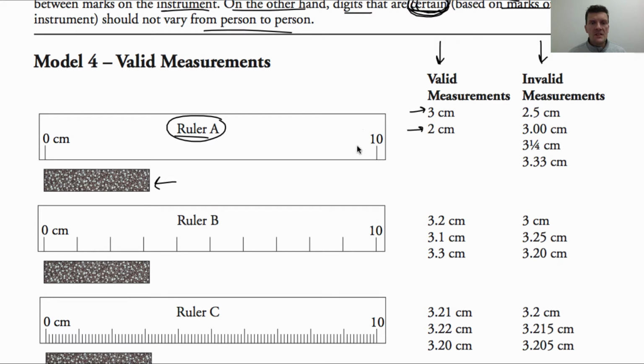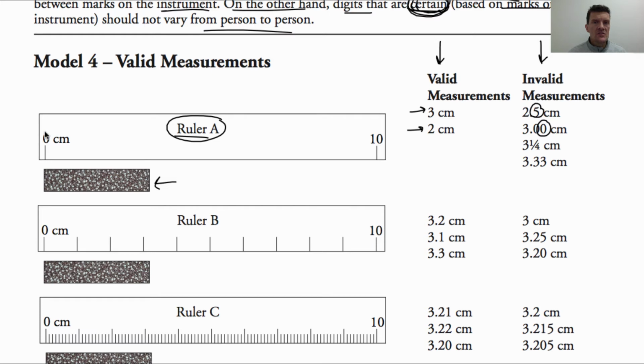Why? Because with ruler A, you cannot measure something to the nearest tenth, let alone the nearest hundredth of a centimeter, because you don't have enough marks in between 0 and 10 to do that. You are allowed certain values and then one estimated value past the certain value.